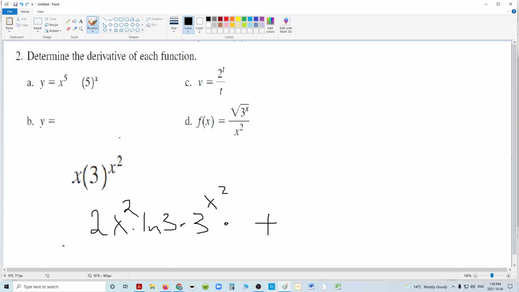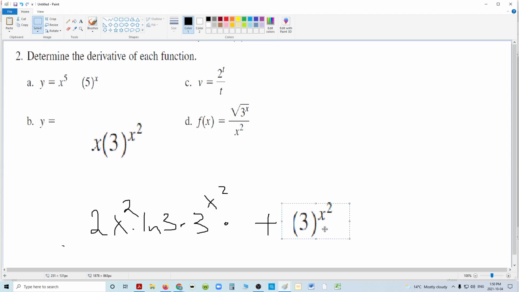Then I must add just this function times the derivative of that function, which is just 1. I can see that I have this in common in both, so I'm going to factor that out.